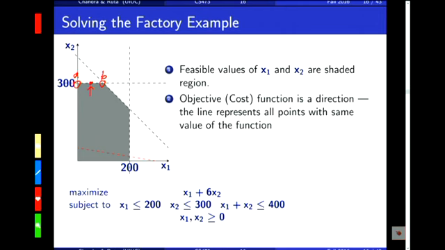What is a convex combination? Let's say this point is 0, 300. And this point is, since you have x2 equals 300, x1 is 100, so 100, 300. And this middle point is, say, 50, 300. The y coordinate has to be 300, right? Because it is on the x2 equals 300 line.